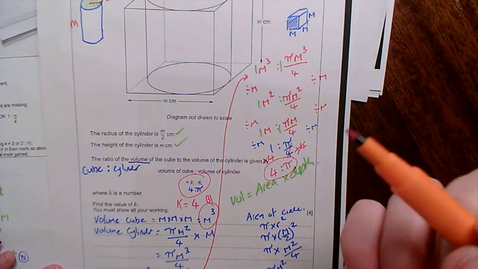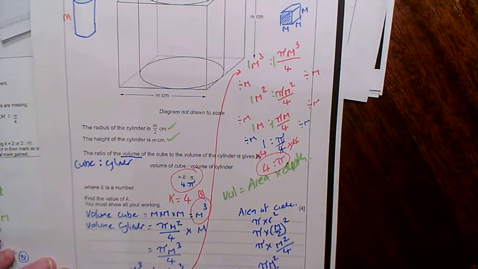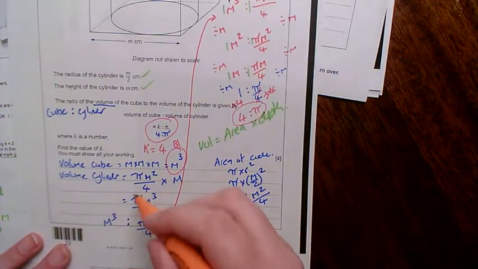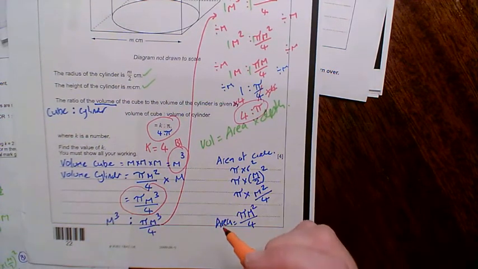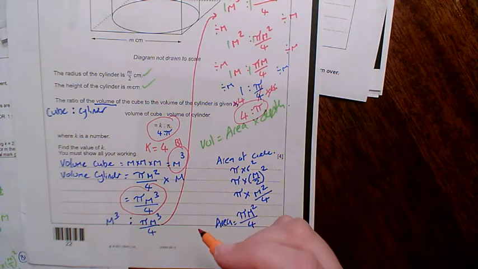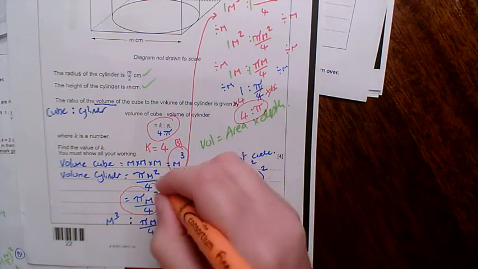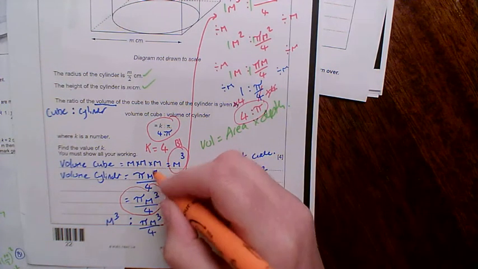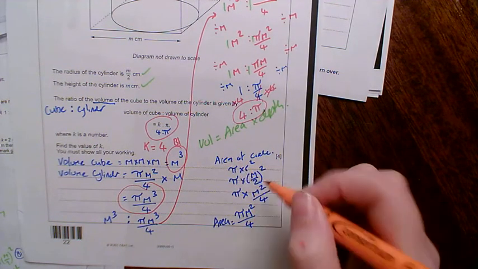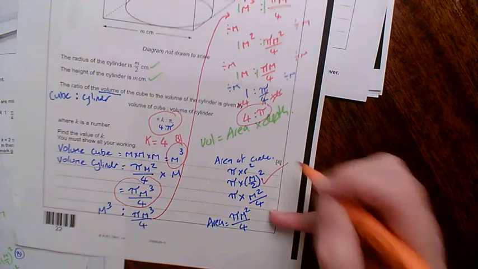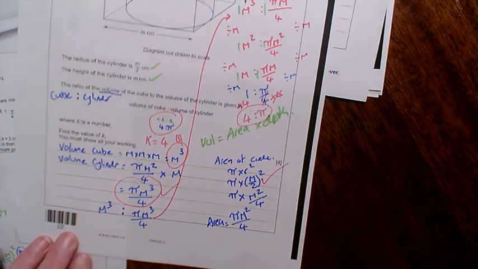You get a second mark then for sight of, or for seeing the volume of your cylinder. So that's there. And in fact, you get 1 mark for that part, and the second mark for the volume.